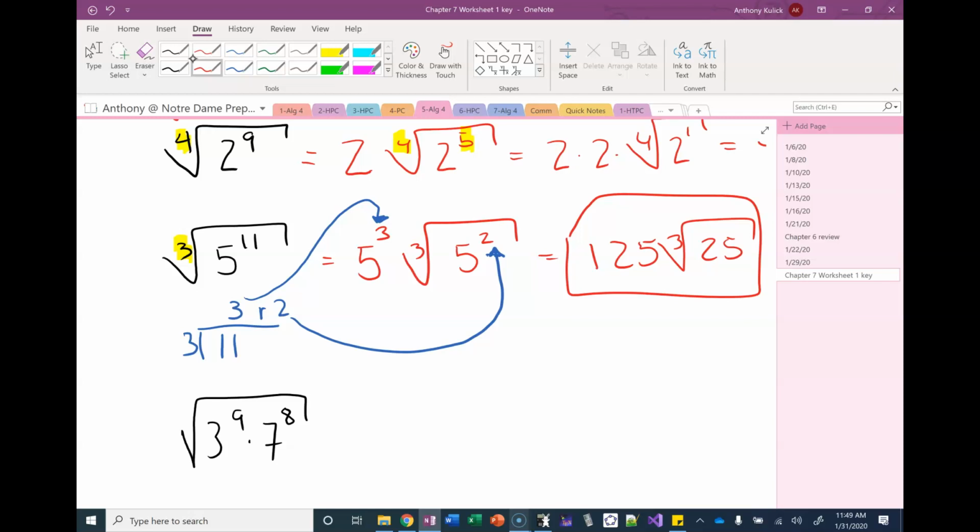Because it's a square root, right? Okay. So I'm going to write this. Then using the product property, I can do this. Everybody agree with that? Okay.